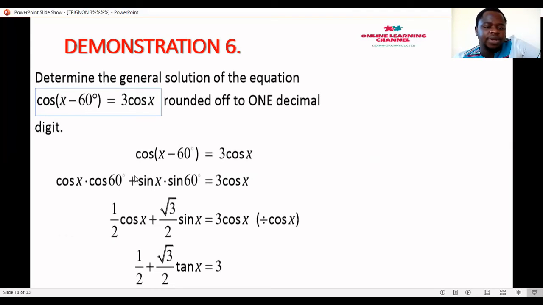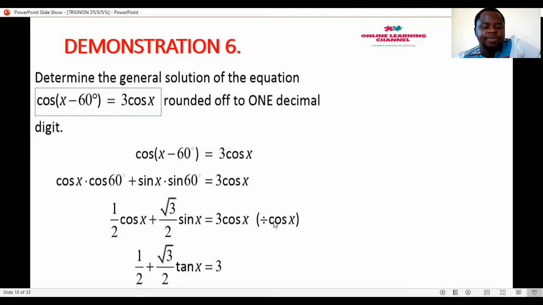So it will be cos x multiplied by cos 60 plus sin x multiplied by sin 60, right? So by expanding this, you know that these are special angles. So you'll have 1 over 2 for cos 60 multiplied by cos x plus sin 60, which, you know, is a special angle, root 3 over 2 sin x, which is equal to 3 cos x.